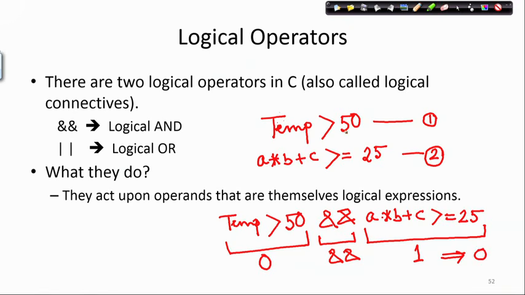But suppose the temperature was 50 and A times B plus C is equal to or greater than 25, then this is true and also this is true. In that case, because they are ANDed, this will be true. So, the logical AND operator returns a true value, or 1, if all the components of the logical expression connected by the AND operator are true.